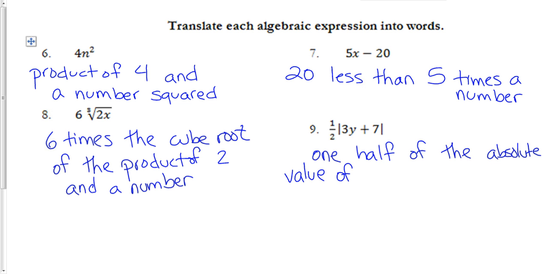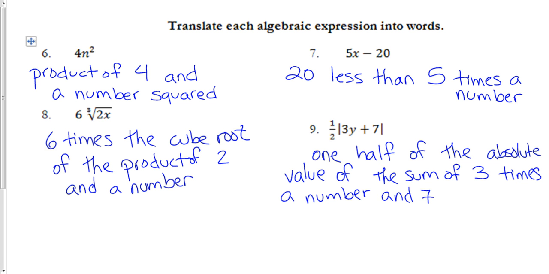So it's the absolute value of the sum of, we have 3y, so it would be 3 times a number. And then we also have 7. So that's a little bit lengthy. 1/2 of the absolute value of the sum of 3 times a number and 7.